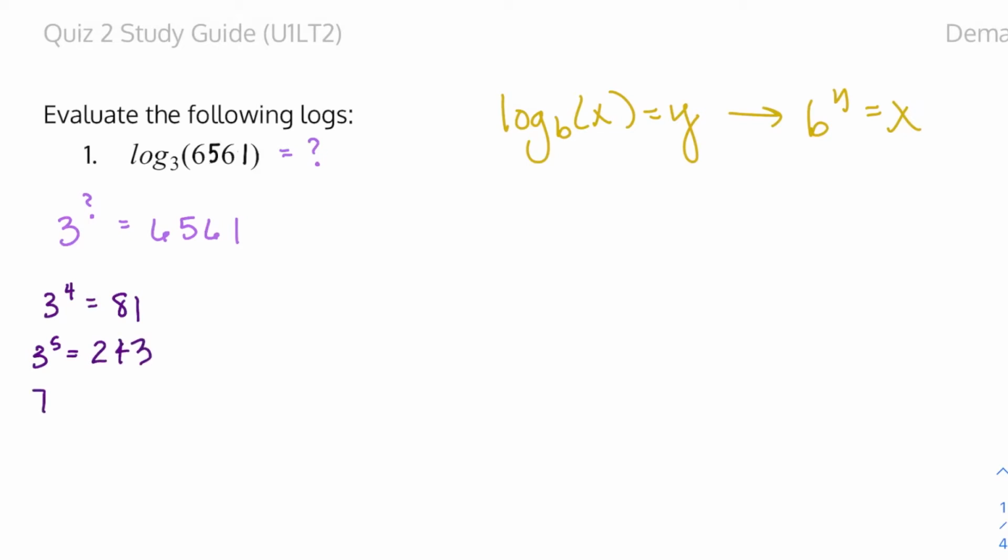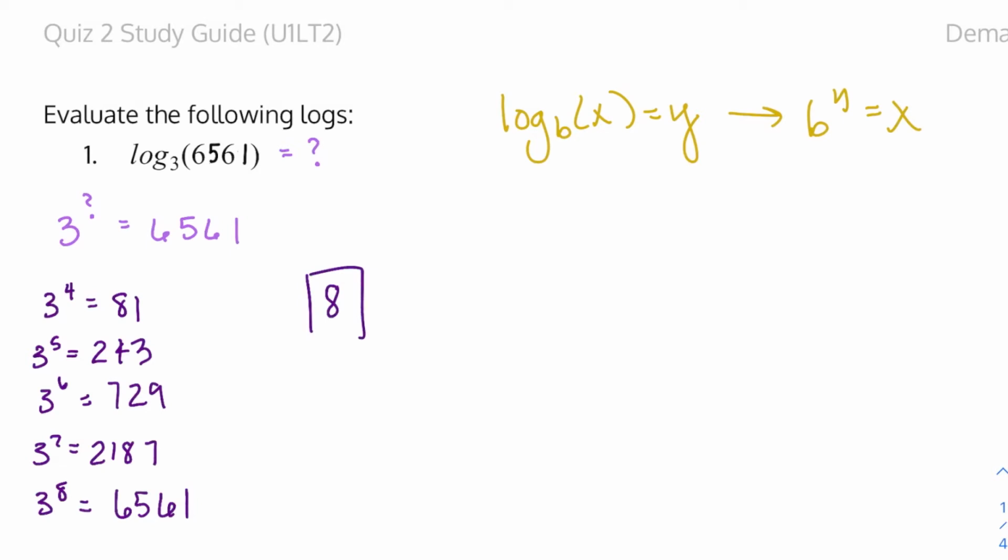So I'm just going through, doing 3 to the 5th, that's still too small. 3 to the 6th, that's still too small. 3 to the 7th, too small. 3 to the 8th, bingo, 6561. So that means that our answer here is 8 because 3 to the 8th is 6,561.